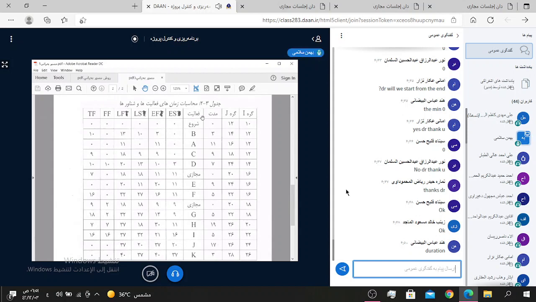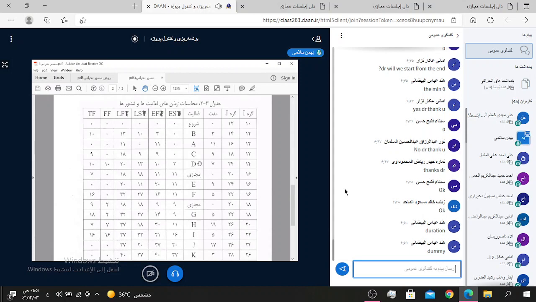All activity, I write it. Activity shuru means start. Activity B, A, C, D. Majazi. Activity majazi means dummy activity. In this network, we have 2 dummy activity.